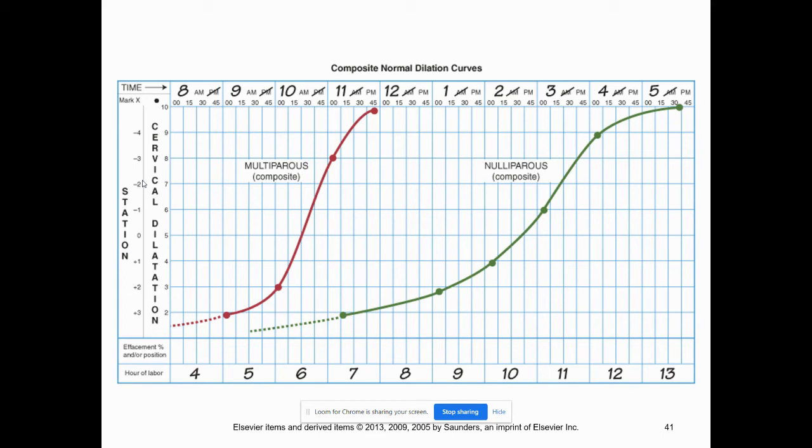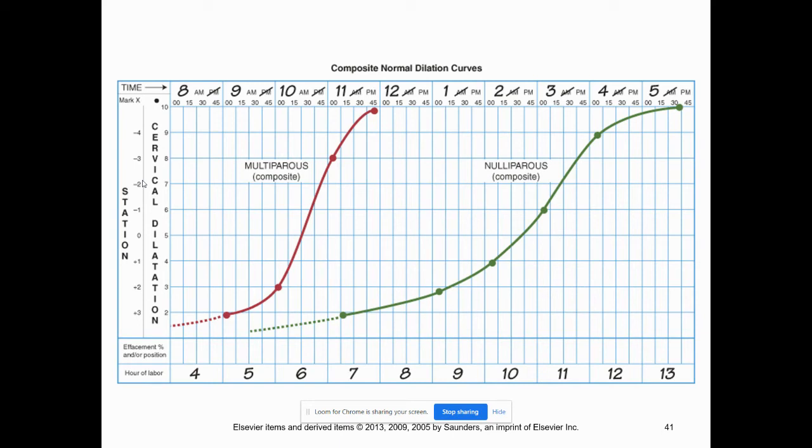And the problem with Friedman's curve is that the number one reason that women get C-sections is a term called failure to progress. And this failure to progress is based on that 1955 Friedman's curve. So in fact, the woman may be progressing absolutely normally.